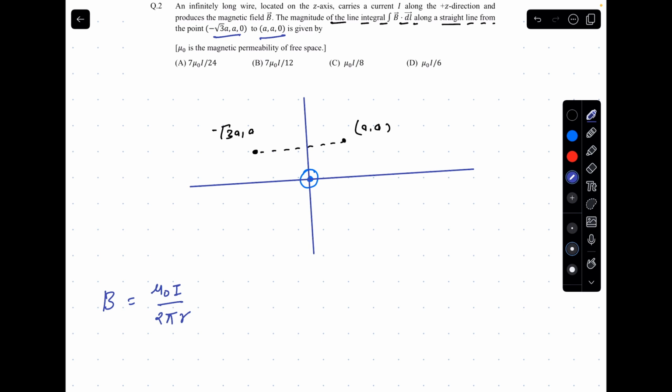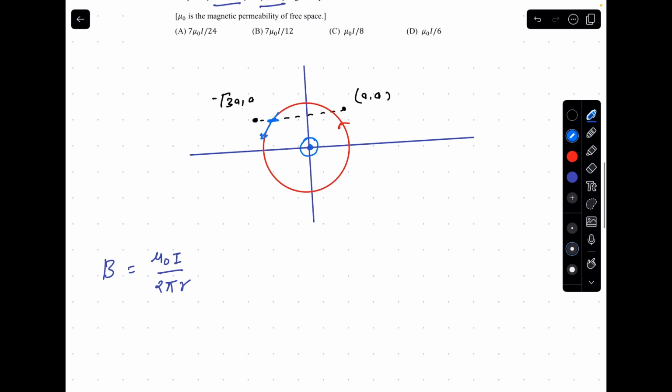And the dl vector. Let us first draw the magnetic field here. Because the current is outward, the magnetic field will be in the anti-clockwise direction, like this. Now let us take an elemental length over here. Let me redraw it.